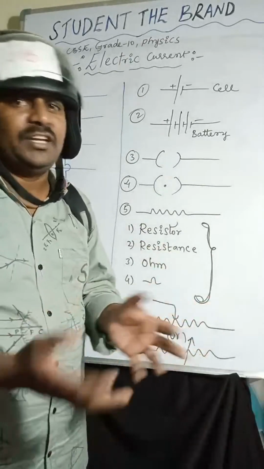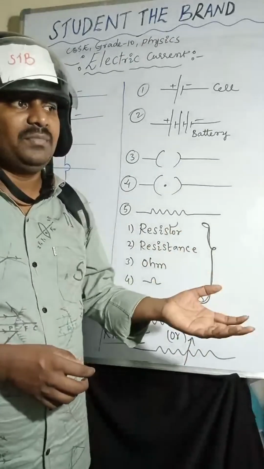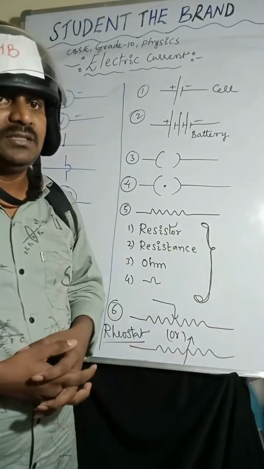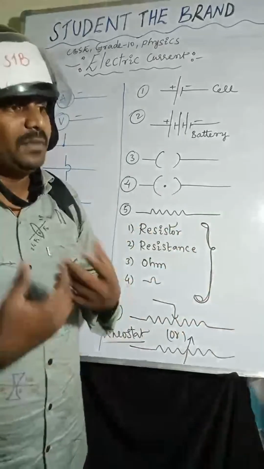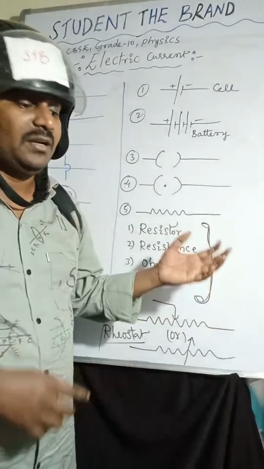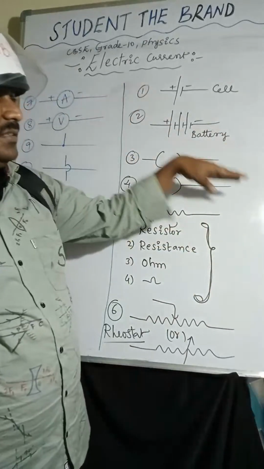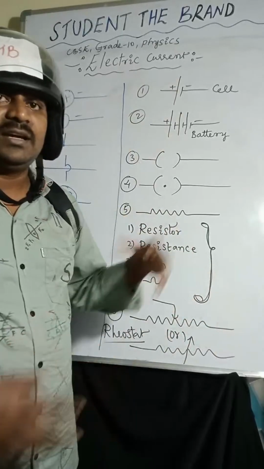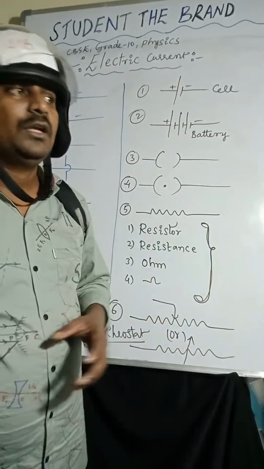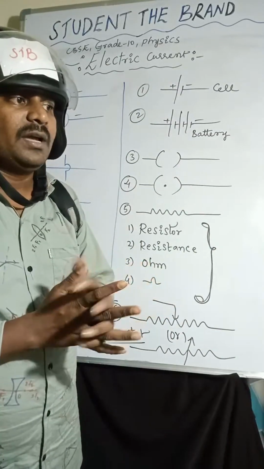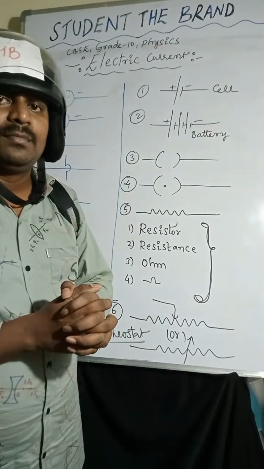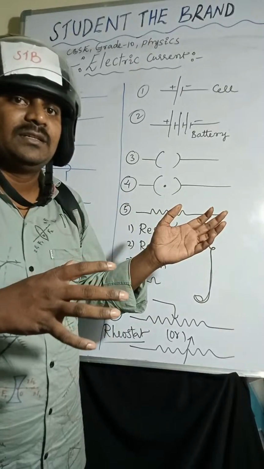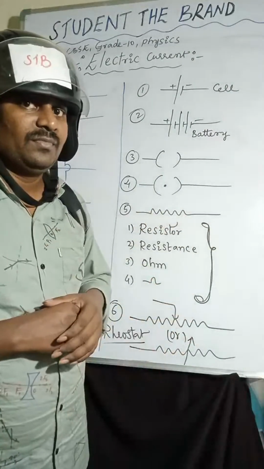Schematic diagram is nothing but circuit diagram itself. Schematic diagram means a diagrammatic representation and logical connection of electrical appliances. We have to connect them logically. Voltmeter cannot be connected in series, ammeter cannot be connected in parallel. So there must be a logic while connecting the electrical appliances in a circuit.